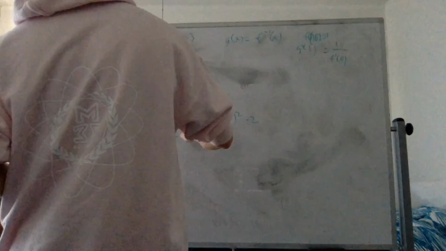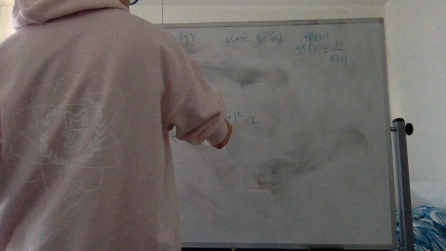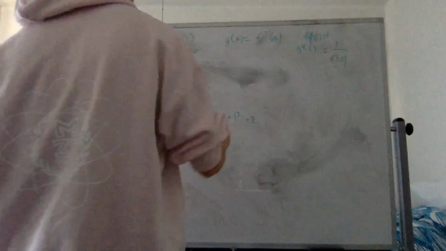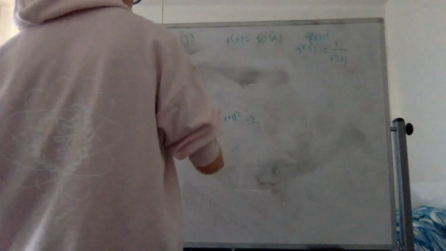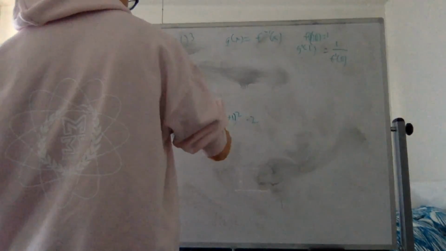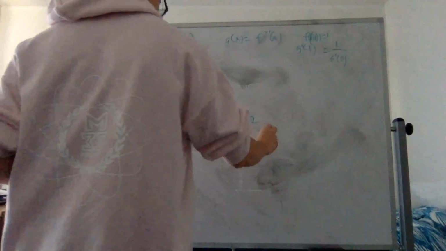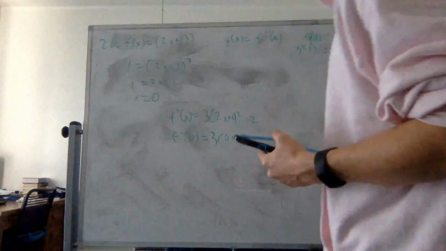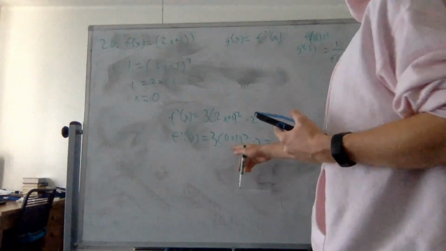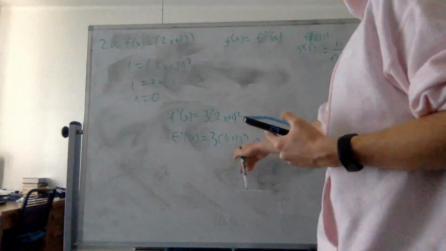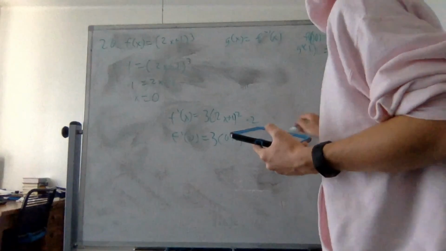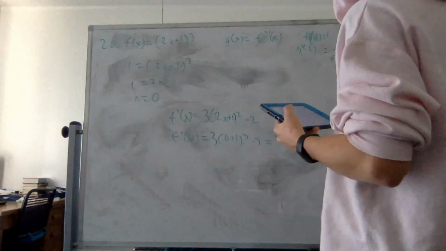So now we want to plug in f prime of 0, so 3 times 0 plus 1 squared times 2, right? So that is equal to 1 squared, which is 1, times 3 times 2 equals 6. So this has to equal 1 over 6.